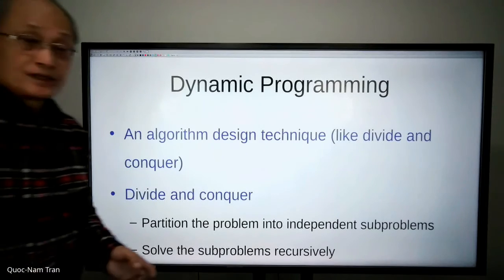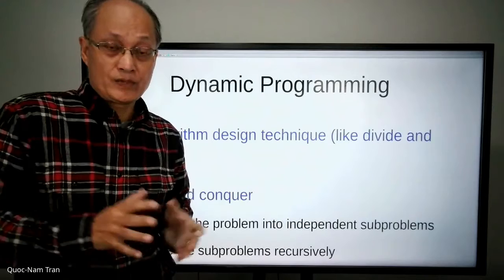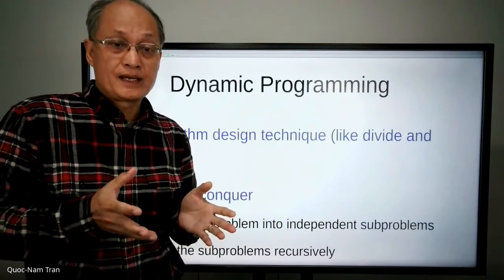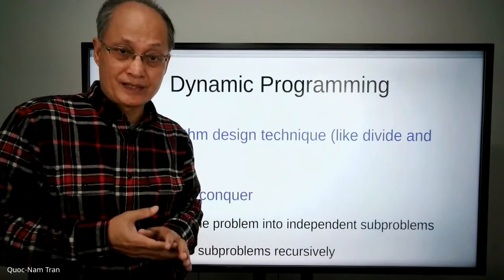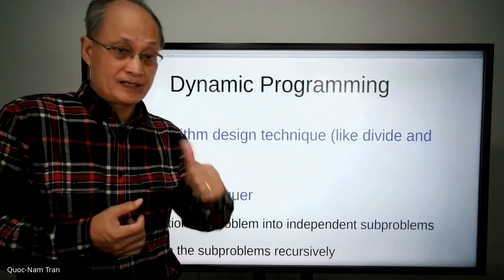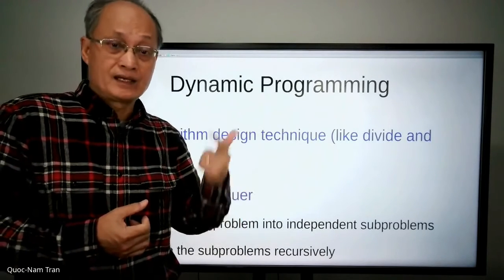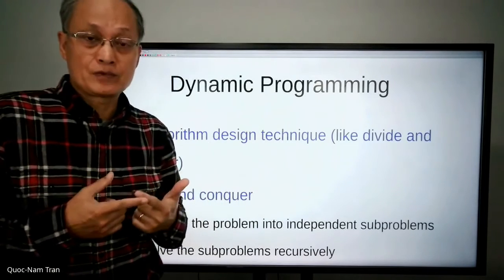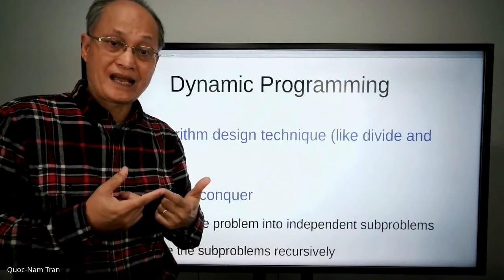Okay, so that's it for dynamic programming. So we learned 4 different problems in which we design our dynamic programming algorithms, right? Number 1, how to multiply a chain of matrices. Number 2, how to find out the best way for an assembly line for the cars.